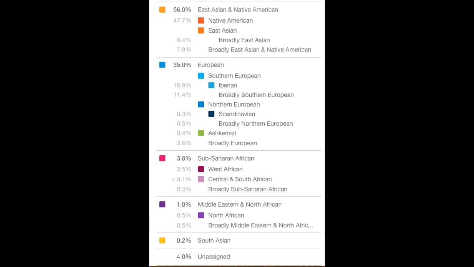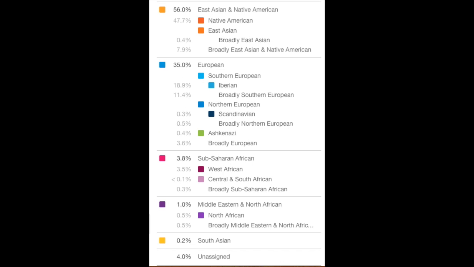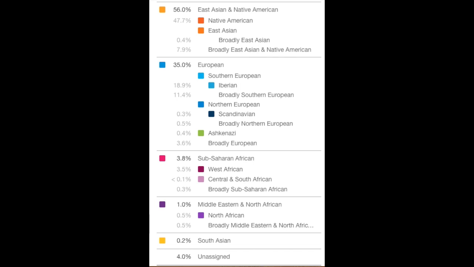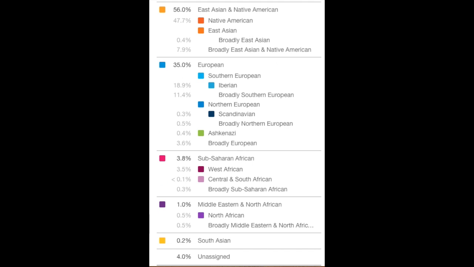My mother gets 3.8. My father gets less than 0.1 Middle Eastern and Northern African. My mother gets 1.0. My father gets less than 0.1 South Asian. My mother gets 0.2. My father gets 1.8% unassigned. My mother gets 4.0 unassigned. And that is my family's 23andMe ancestry results comparison.